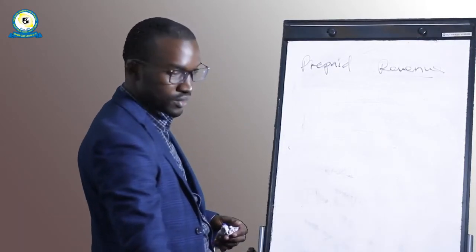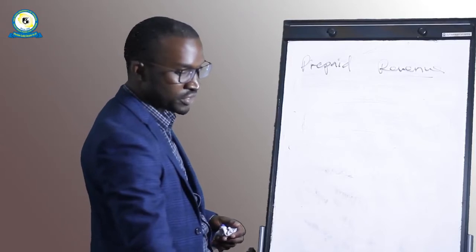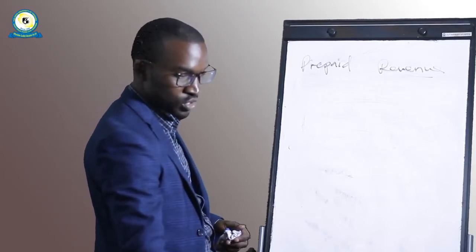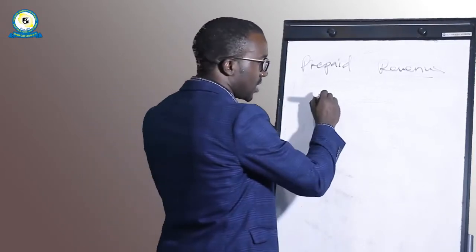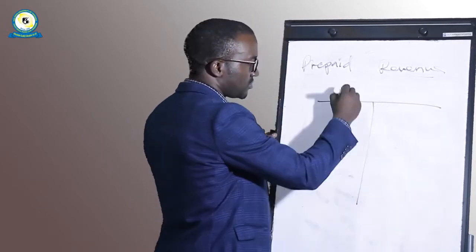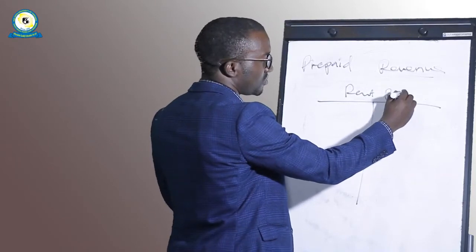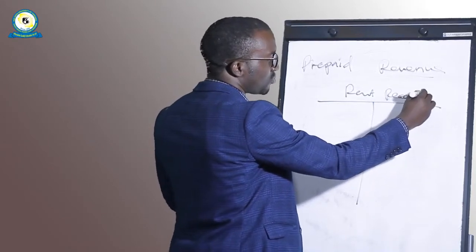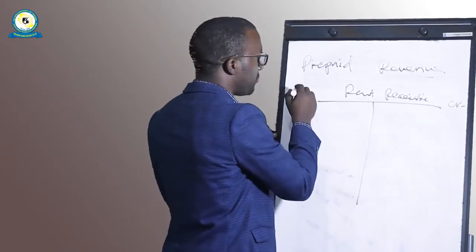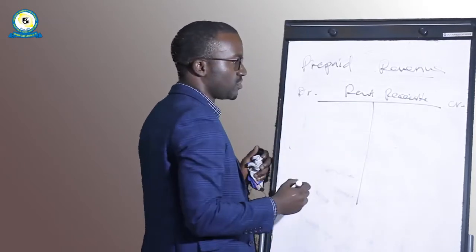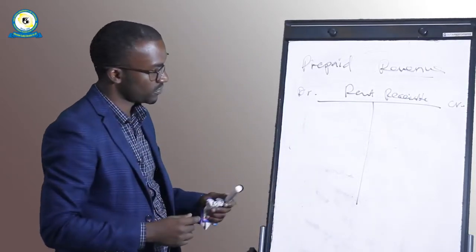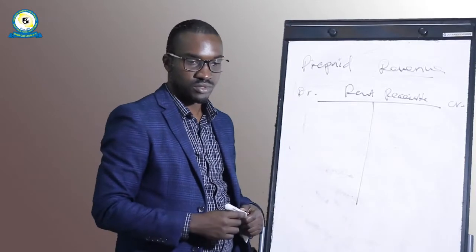Okay. An accounting treatment. Now we have rent receivable, so we're going to open an account of rent receivable. I want to show you when you have a prepaid revenue. Now you have a rent account.